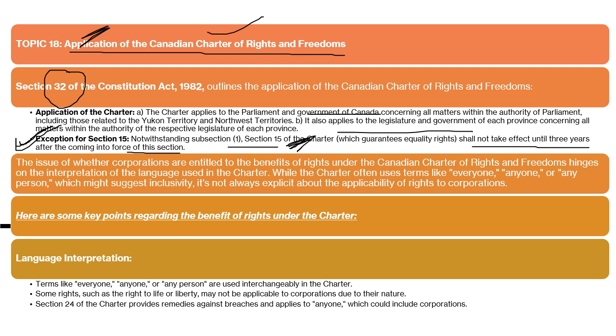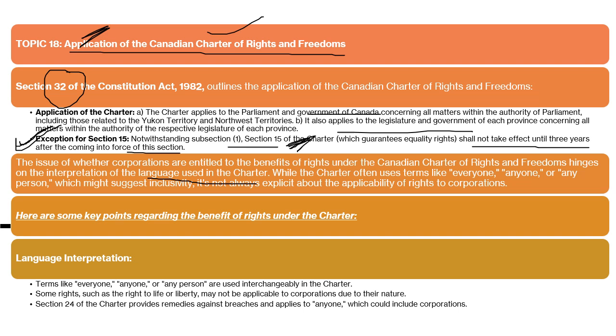Next thing that comes into the picture, another issue, is whether corporations are included under Charter benefits or not. The issue of whether corporations are entitled to the benefit of rights under the Charter hinges on interpretation of the language used in the Charter. So we have to go by the language. While the Charter often uses terms like everyone, anyone, any person, it suggests individual.